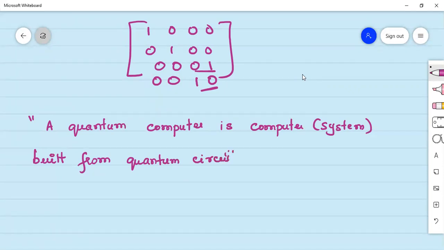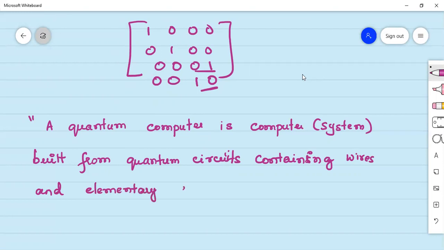What will these circuits contain? They contain wires like your regular computer, and instead of regular gates, they have elementary quantum gates. And what do they do?